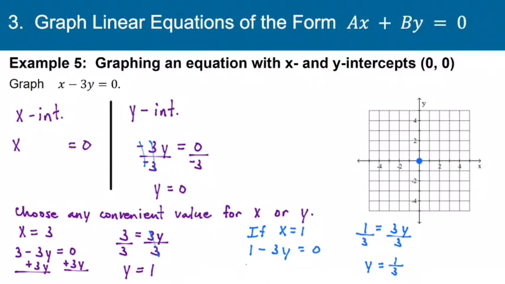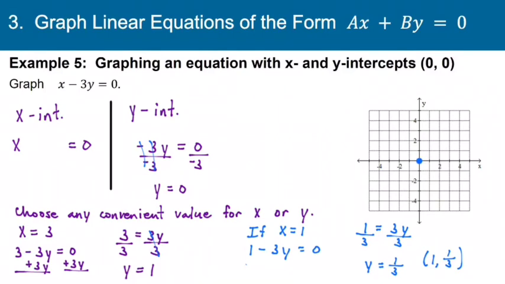And then I would have had to graph the point 1, 1/3. If you don't want to have to graph a coordinate that is a fraction, then what you want to do is just choose an x value that will give you a y value that is an integer. In other words, a y value that doesn't have a fraction part. For us, that turned out to be x equals 3.